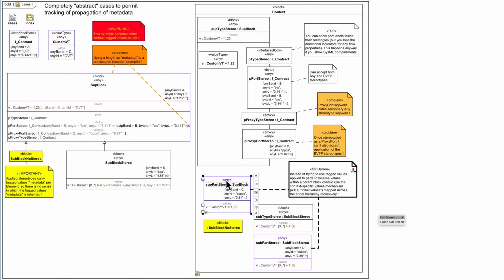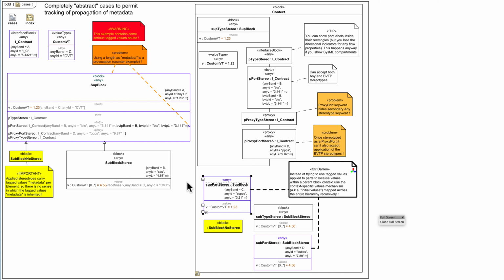So it now has any band equals C, whereas the type had any band equals A. The any ID, sub part stereo, sub PS, that makes some sense to apply. It has this strange length guy, in this case now 3.2.1, and on the block it was 1.2.3. Now I'm not showing ports on this because we've covered that. There's nothing else to show concerning the ports.